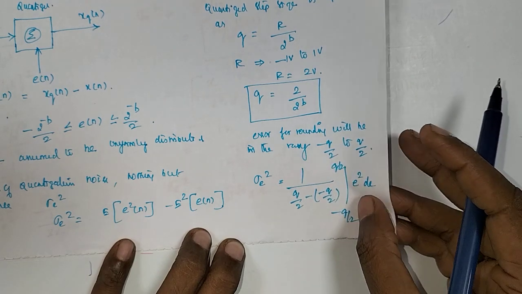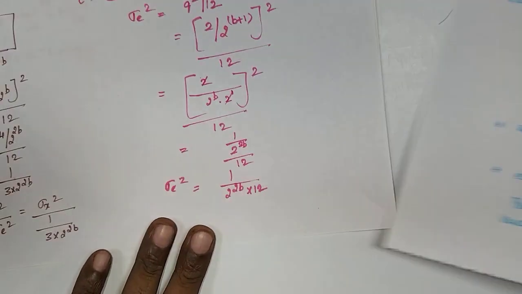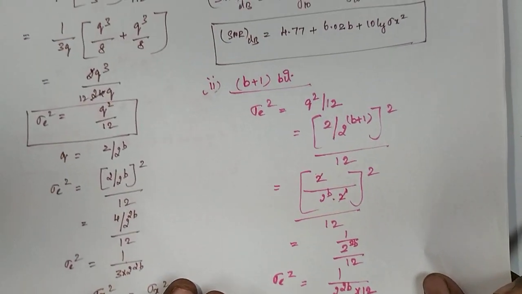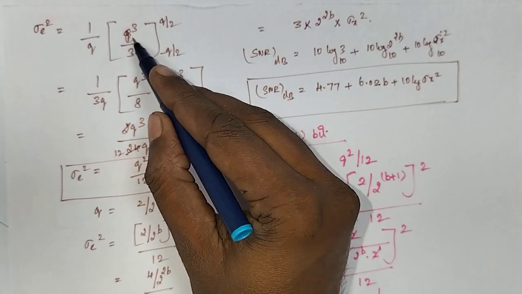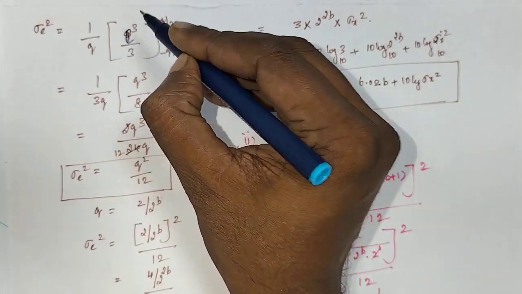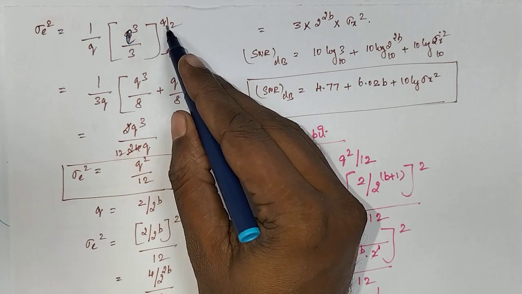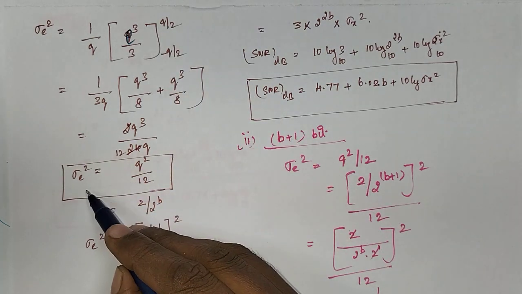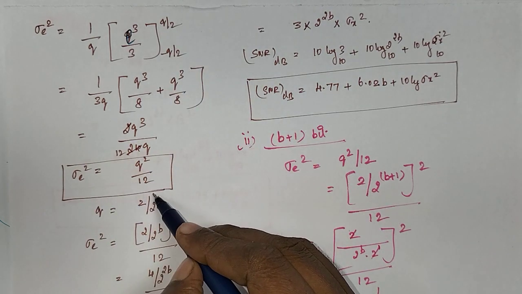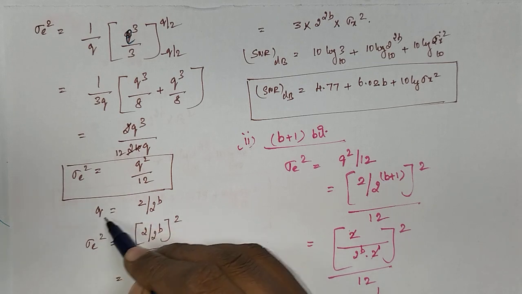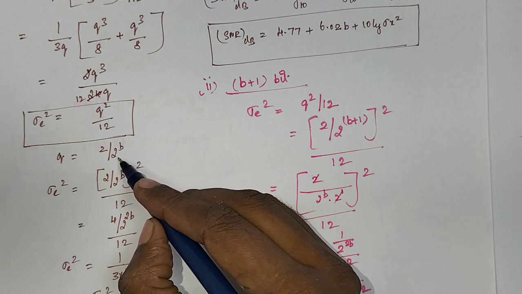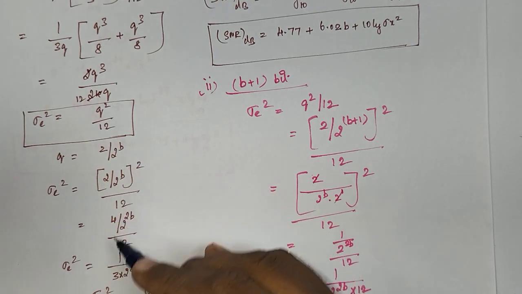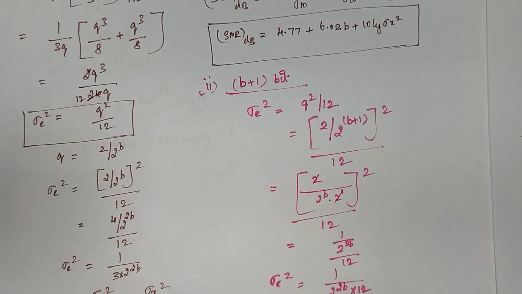So integrating e square with respect to error, after integrating, we get e cube by 3. Applying the limits, my quantization error variance is q square by 12. Then applying the quantization step value 2 by 2 power b and after some simplification, my error is 1 by 3 into 2 power 2b.